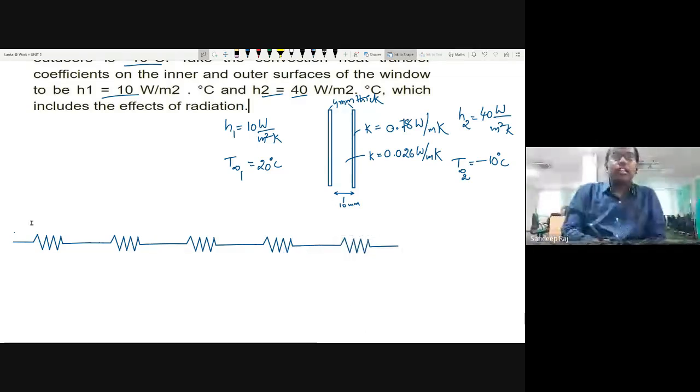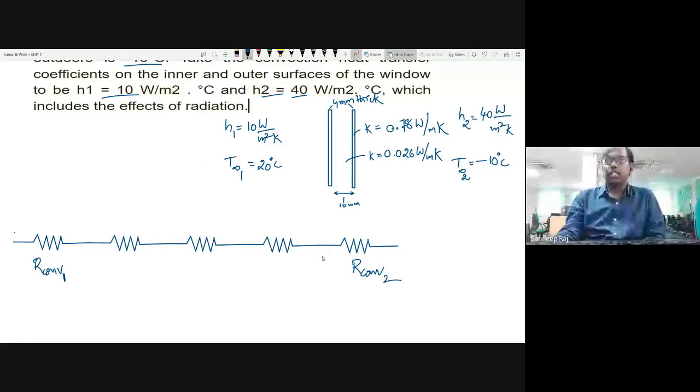Look, first resistance is the resistance due to convection. On the atmosphere side, you have resistance due to convection on side 1. On the other side also you have convection, side 2.